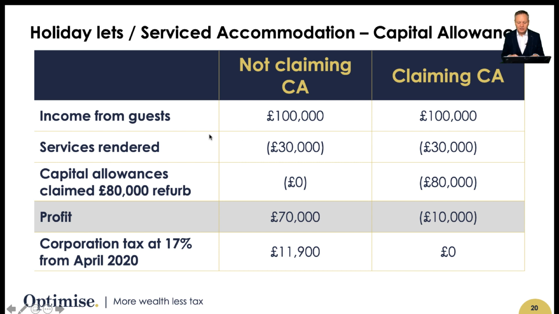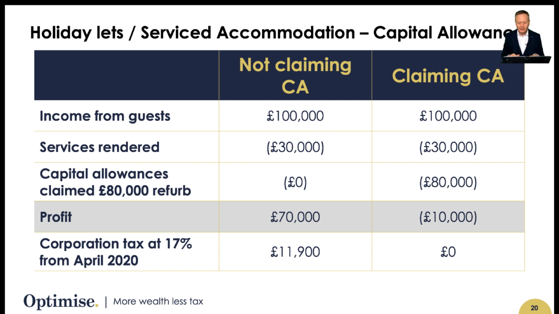So what I'm describing to you now is that you might have this position whereby you've got £100,000 of services rendered and you've got £70,000. But because you claim these capital allowances, now you've got £80,000 of capital allowances to be claimed. You've made a £10,000 loss, which can then be offset against your future profits.